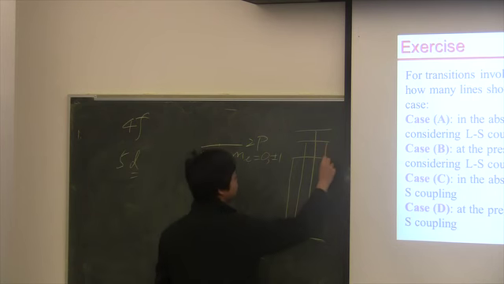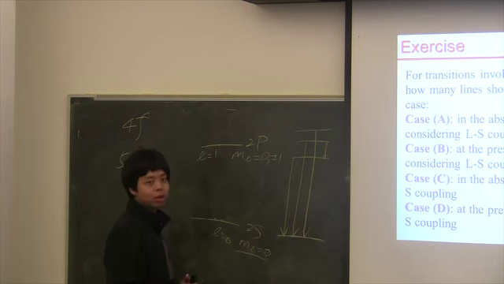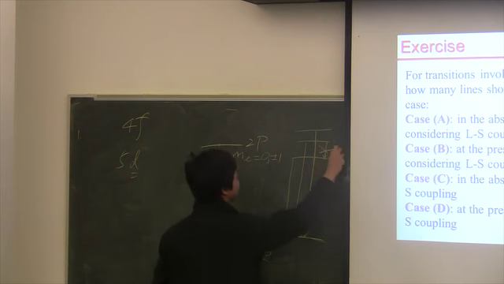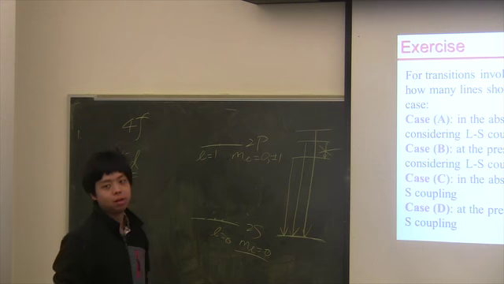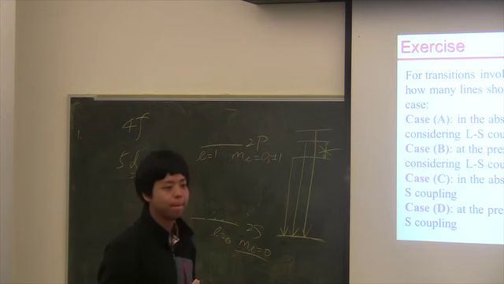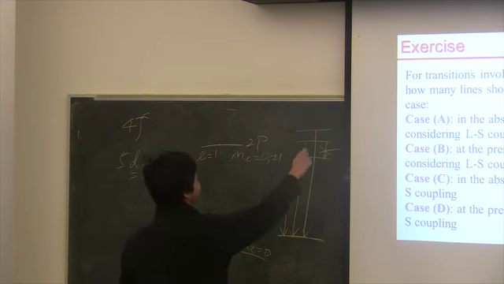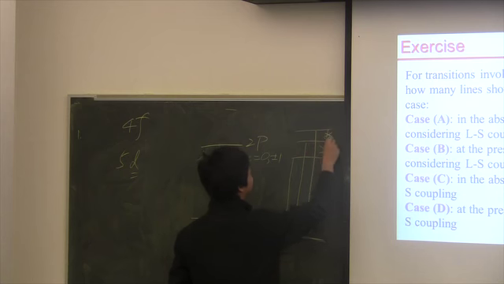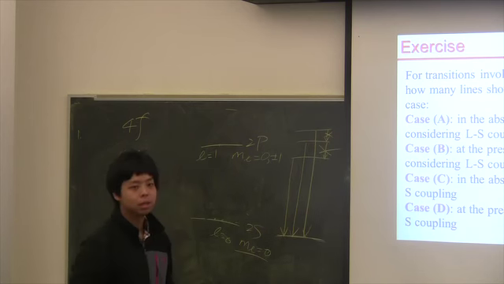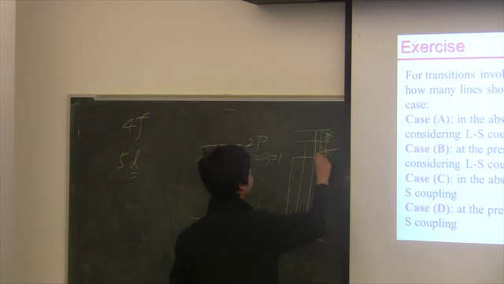Can we make a transition here? What leads to what? Delta L must be plus or minus 1. So we have three lines.